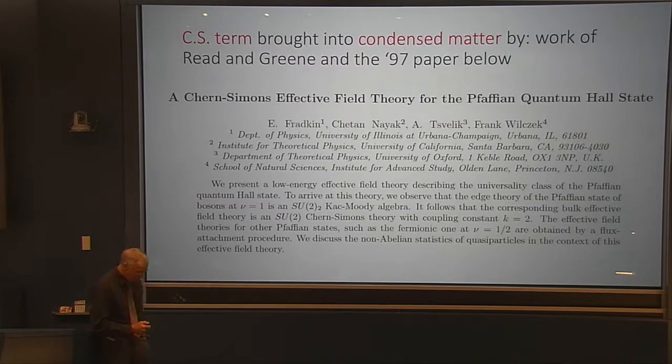And it made it over the next 8 or 10 years farther into condensed matter physics in terms of explaining the quantum Hall effect through work of Read and Green, and then very concretely this Fradkin, Nayak, Tilsley, Wilczek paper, where for a very particular quantum Hall state observed at filling fraction 5/2, an explanation for its statistics was proposed in terms of Chern-Simons theory.